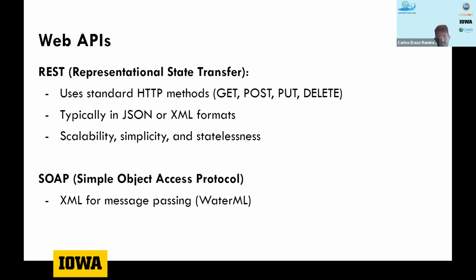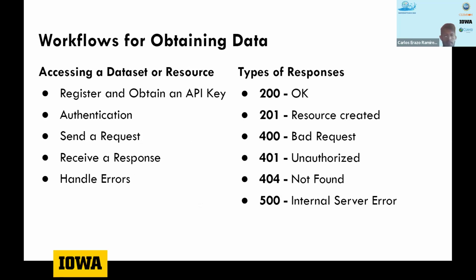The data sets that are obtained through the SOAP protocol are XML, like the HTML-kind of syntax we were talking about before. It's for message passing, so it's very secure. And just mentioning again, WaterML has been used since, I think, 2010 or something like this.